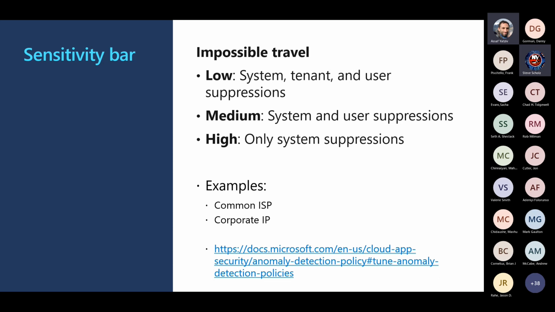We also recommend low here, because that's a good example: maybe it's common for the tenant, and we try to learn and handle it if we see the same carrier or roaming from the same cell provider.